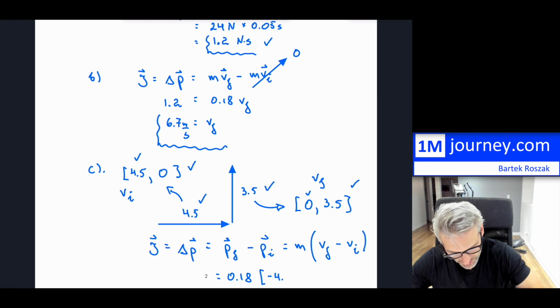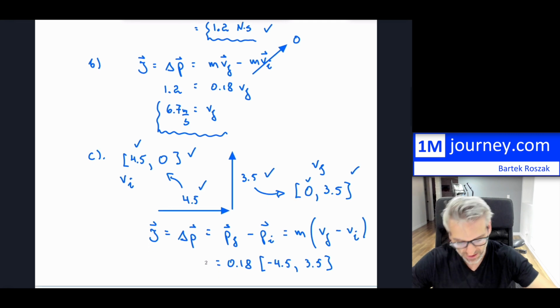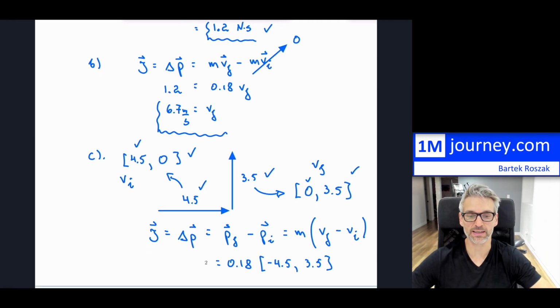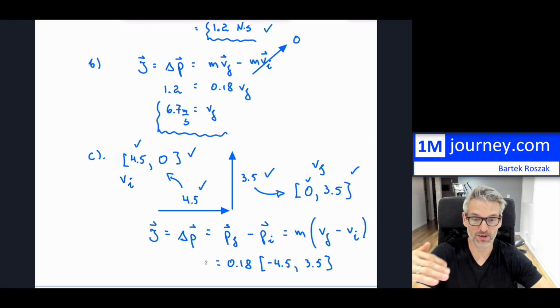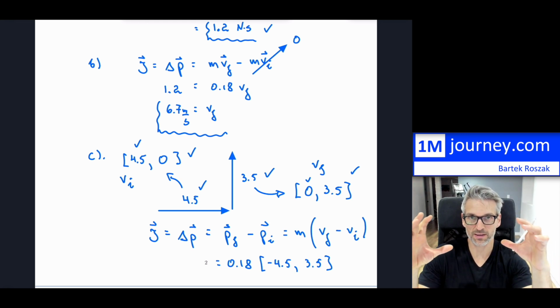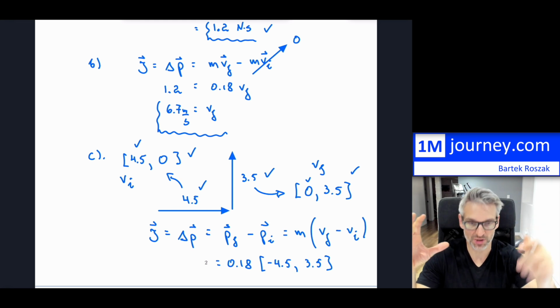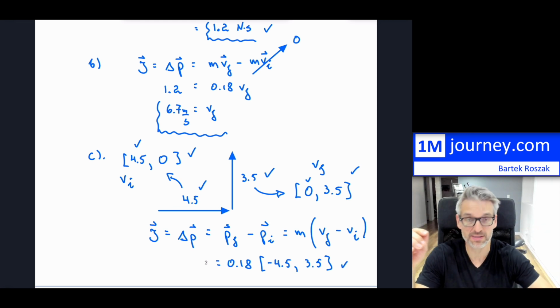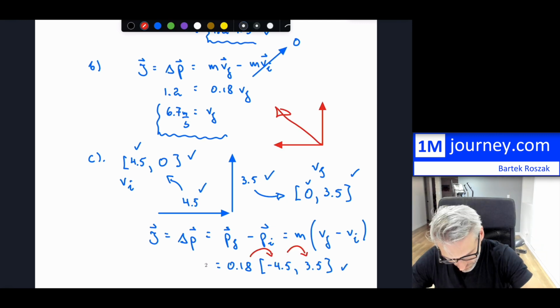So this is going to be minus 4.5. That's the change. And then your y final, which is 3.5 minus 0, which is just going to be 3.5. So this is what we will have, and then the according units that we need. Now, if you want to find out exactly what this is in terms of its geometric representation, because this would be in x and y components, then we can do that.